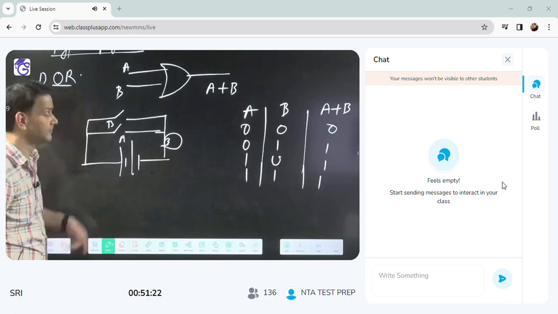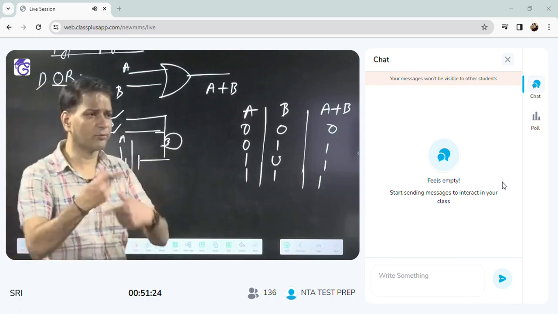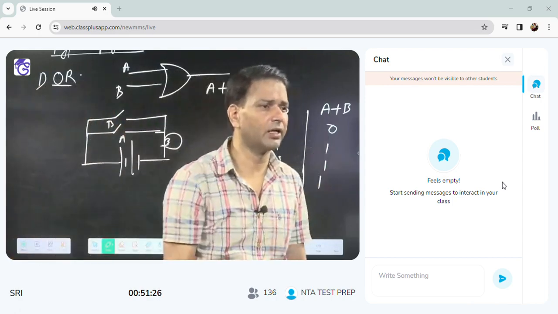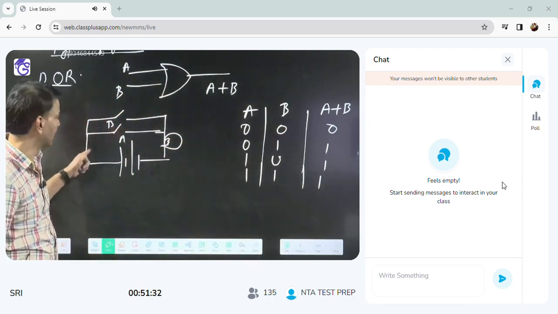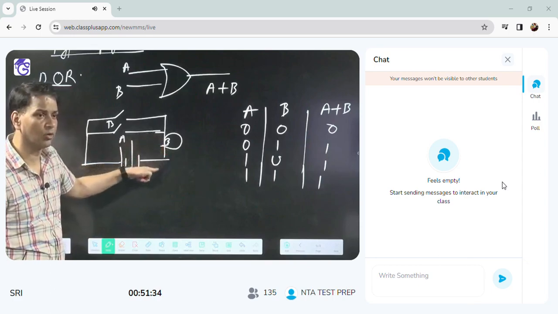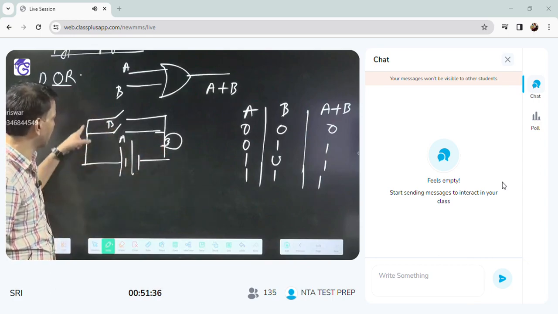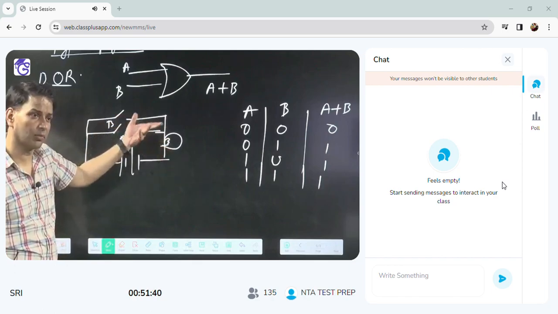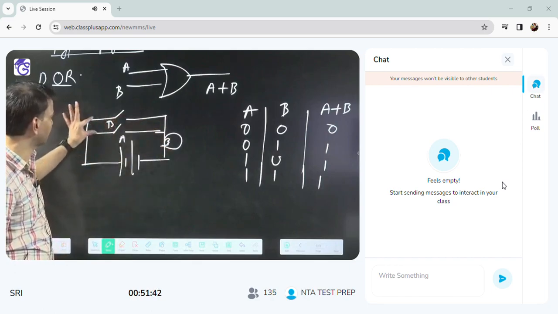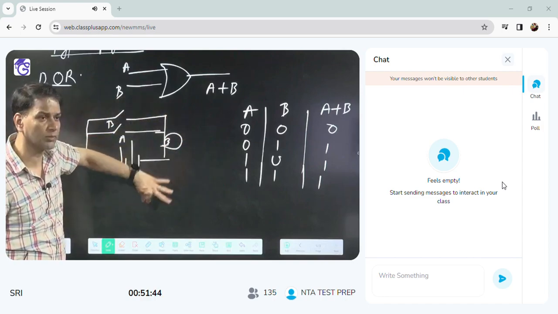Now you can see, when they give the circuit diagram, you have to decide by the logic which gate it represents. If A is closed, then current will go through A and the bulb will glow. If A is open and B closed, current will go through B and the bulb will glow. Both closed, then the current splits and the bulb will glow.